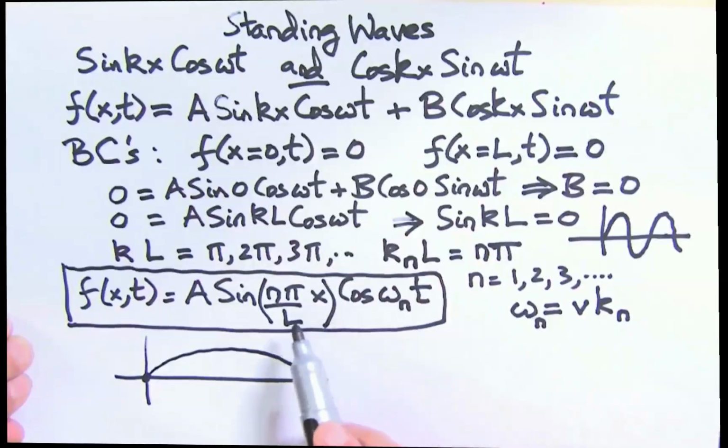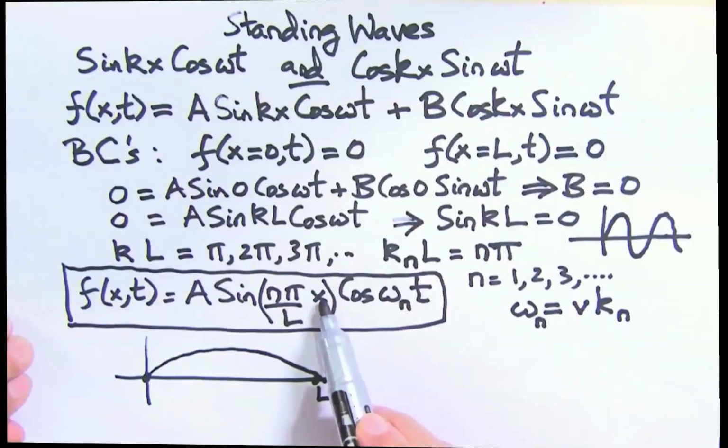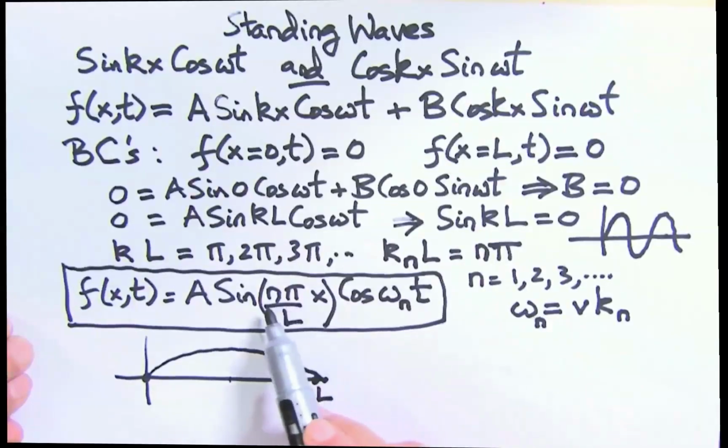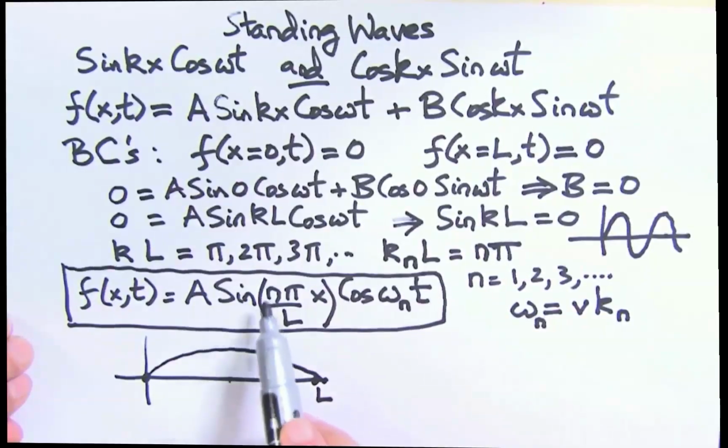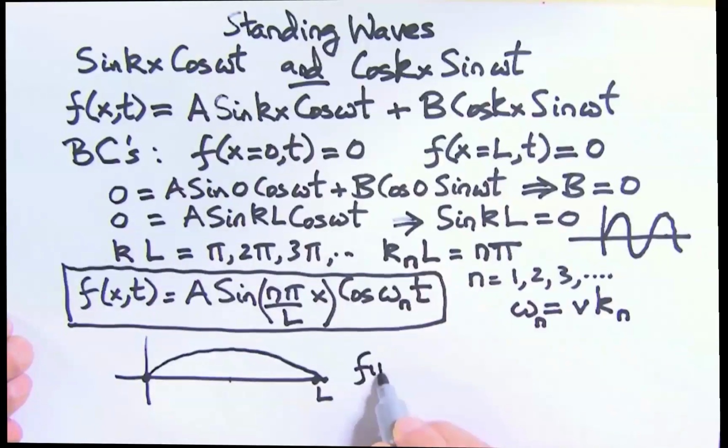Then when x is equal to L over 2, that is to say over here, then this is sine of pi by 2, which is 1, which is the maximum value, and so it goes to its maximum in the middle over here. This is called the fundamental mode.